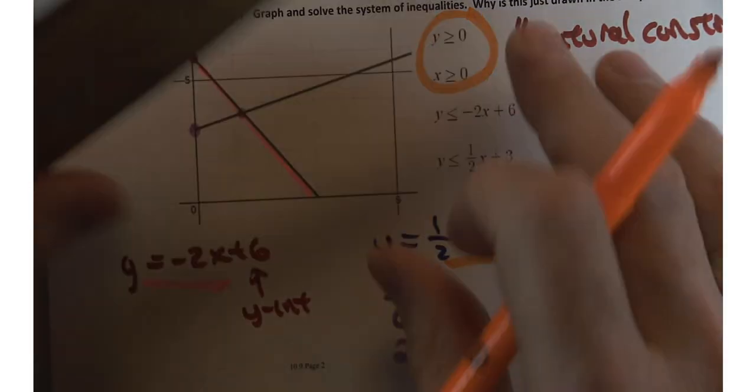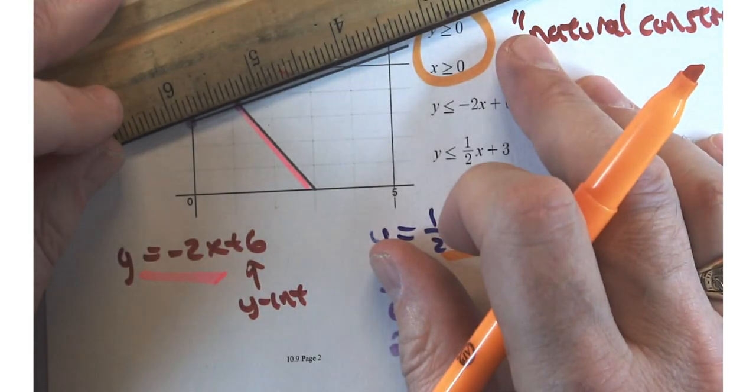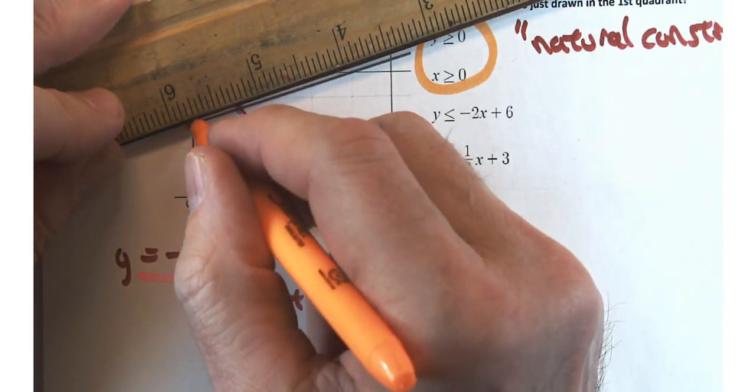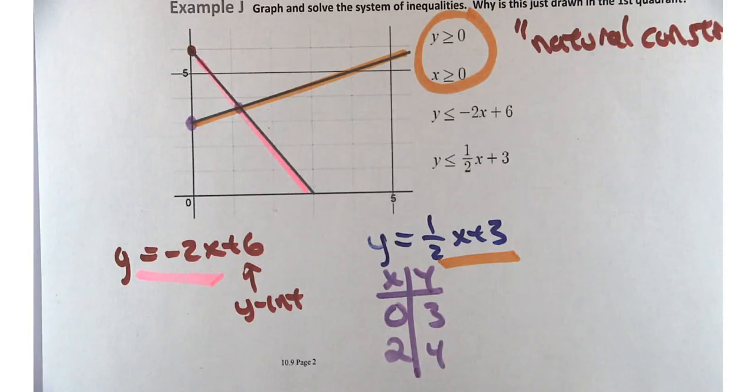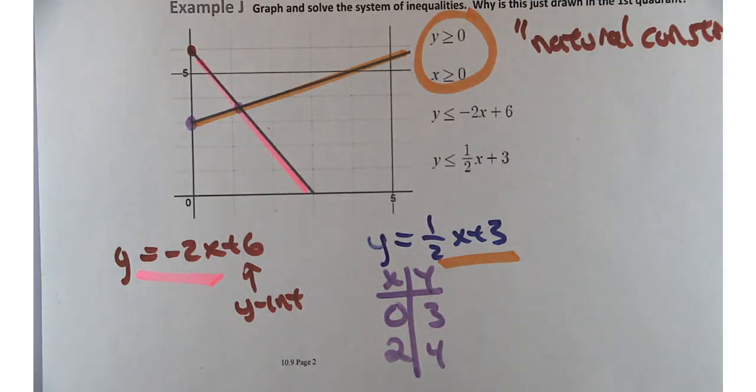And what I'm going to leave up to you is deciding where you want to shade these things. So you can use 0, 0 as a test point for both of them, but you do have to test both of them to figure out where you're going to shade.